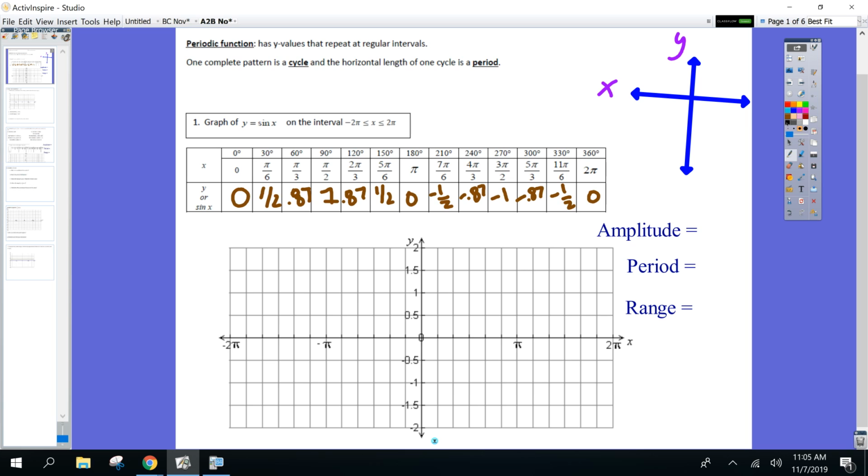So our graph is going to start at, sine's going to start at 0, 0. And these go by 30 degrees, just so everyone knows. Every tick mark is 30 degrees here. Okay, so at 30 degrees it was 1/2. At 60 degrees, 0.87. At 90, 1.